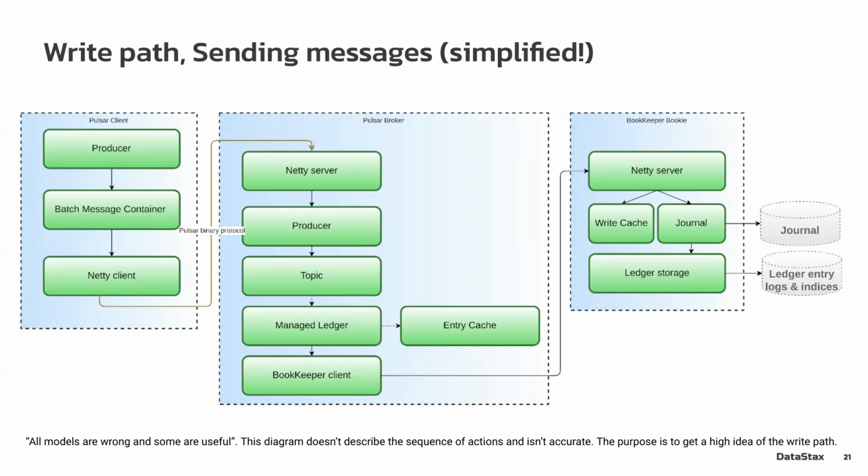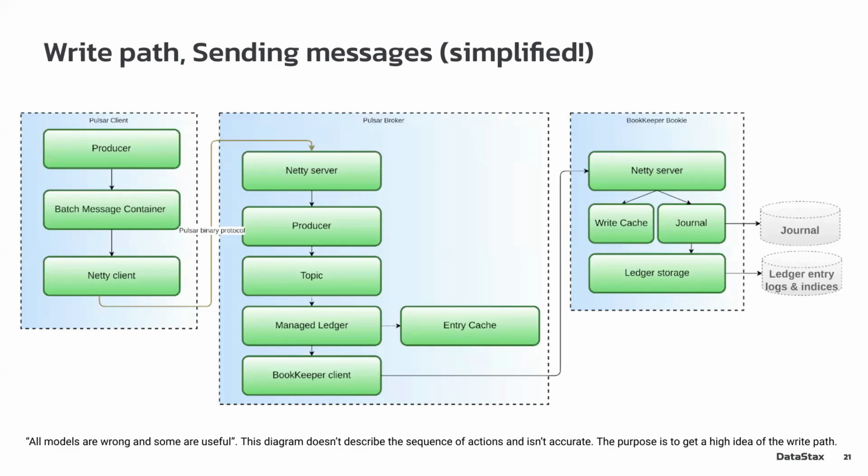I've mentioned that here because in tuning there could be some parameters that are related to the Netty client and Netty server, and especially if making changes to Pulsar, there could be more relevance in understanding the Netty level details of the implementation.